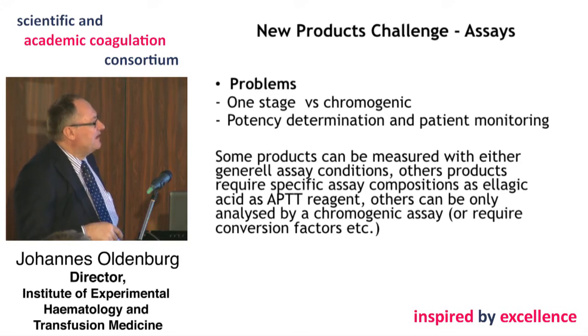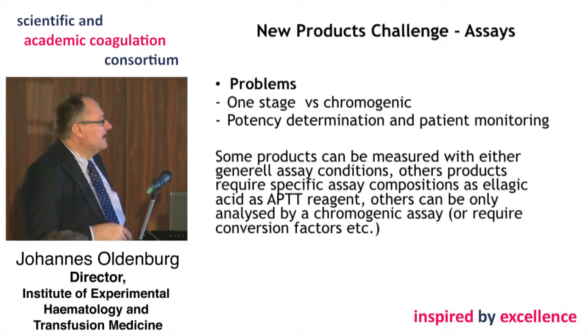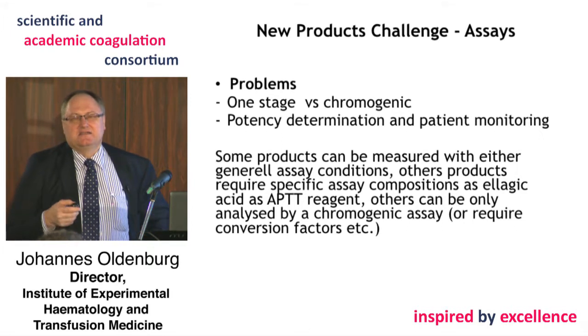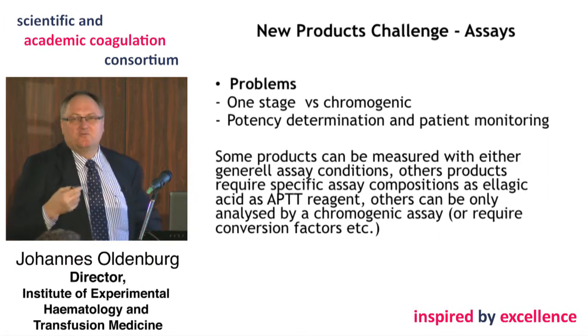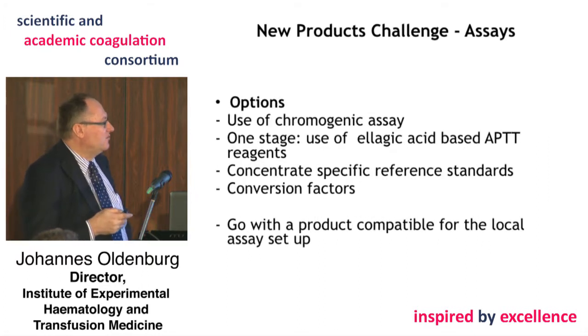Other products require specific assay compositions, such as ellagic acid as an APTT reagent for the one-stage assay. And other products can only be analyzed by the chromogenic assay and require a conversion factor when they are measured by a one-stage assay.